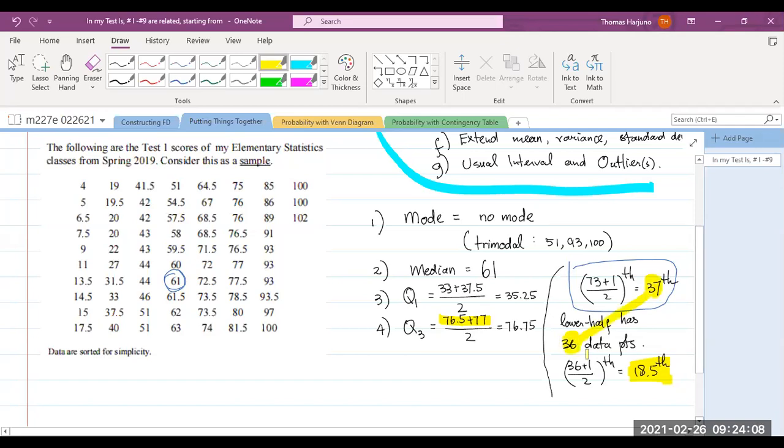Then with 36 data in the lower half, you add 1 divided by 2, you get 18.5, meaning the first quartile is located between data number 18 and 19. It's right in the middle here. Likewise, if you count it from above, it will be data number 18 and 19 from above. Then the first quartile will be the average of these two numbers. The third quartile will be the average of these two numbers.